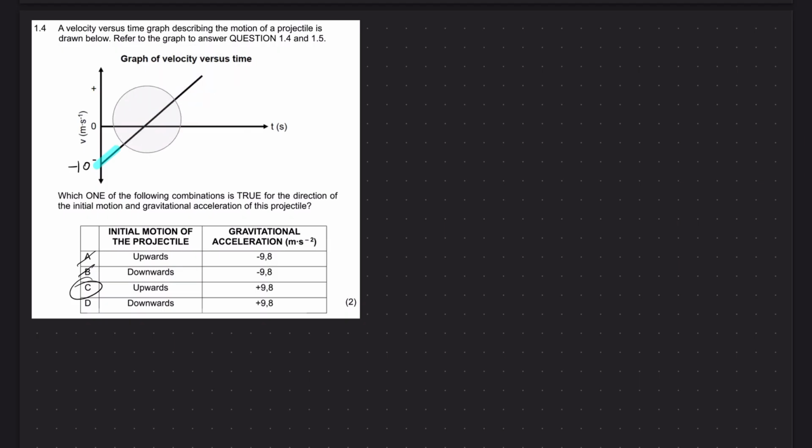Question 1.4. A velocity versus time graph describing the motion of a projectile is drawn below. Refer to the graph to answer question 1.4 and 1.5. So, which one of the following combinations is true for the direction of the initial motion and gravitational acceleration of this projectile? So, let's just draw. There's a cliff and there's a projectile. Now, we don't know if it's going up or down yet.